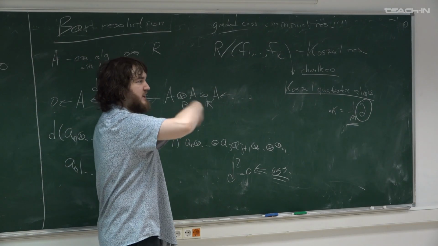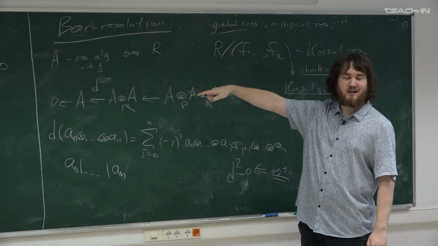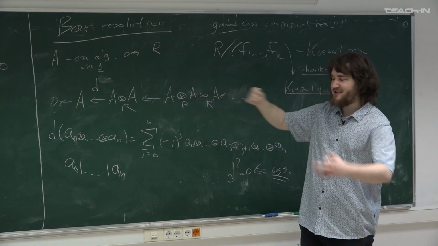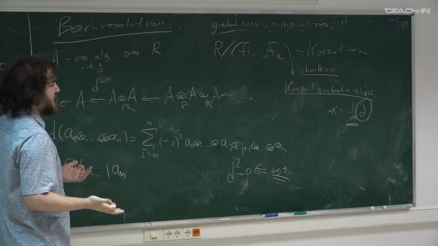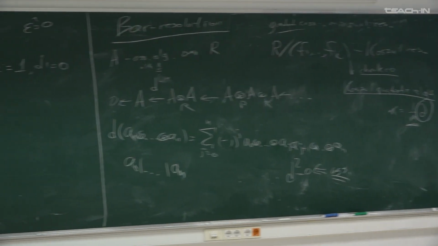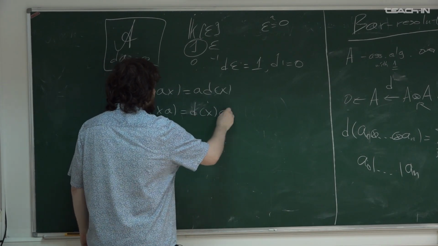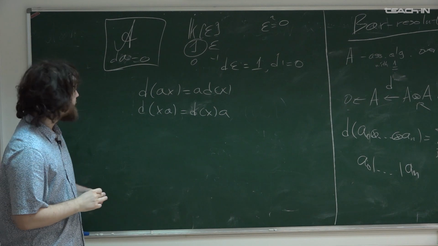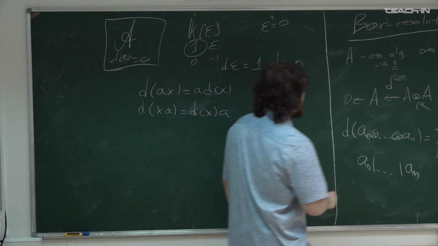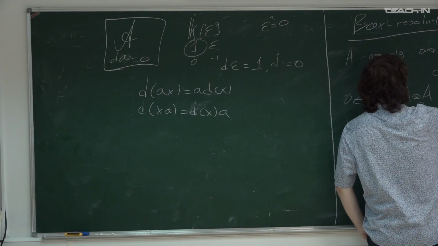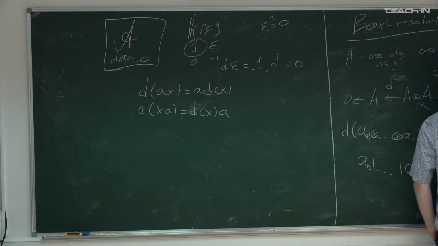Also you have right A-modules from the right, and it is also a right A-module map. In fact, it's A-A bimodules, and the differential is an A-A bimodule map. It follows from the Leibniz rule. So in fact this is a chain complex of A-A bimodules.